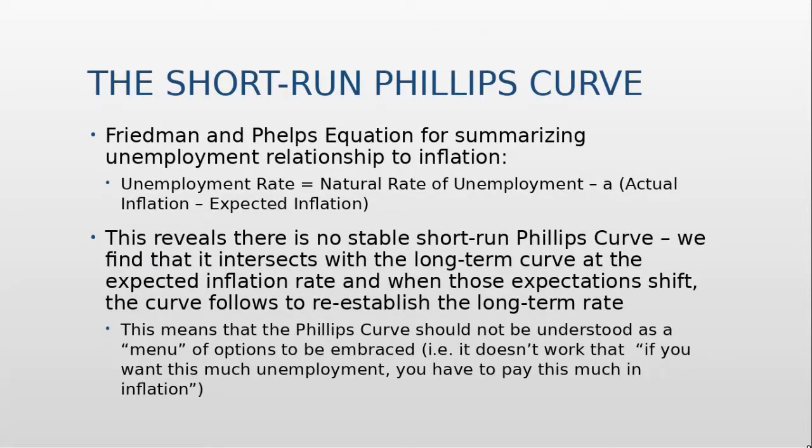Now, for the short-run Phillips curve, Friedman and Phelps offered an interesting equation to summarize the unemployment relationship to inflation. So the unemployment rate can simply be explained as the natural rate minus a, which is some fixed variable, times the actual inflation rate minus expected inflation.